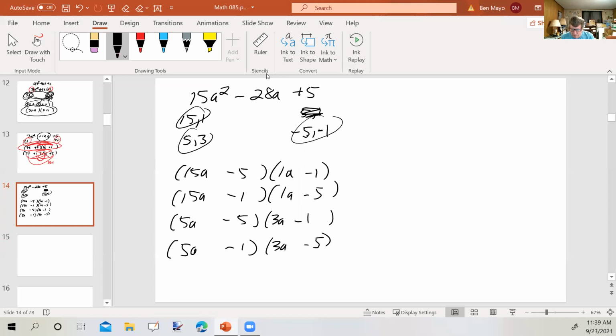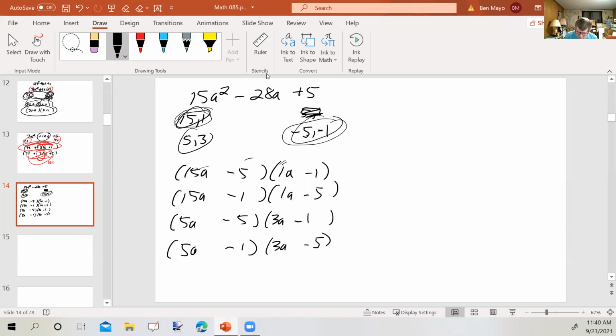Do you see what I'm doing in terms of possibilities? I'm going to take these two as my leading coefficients in the binomial factors, these two as my last terms in the binomial factors, but I don't know which combination to go with, okay?